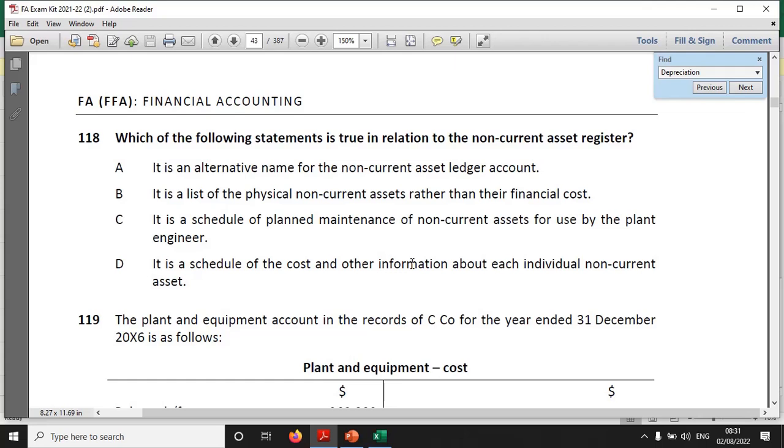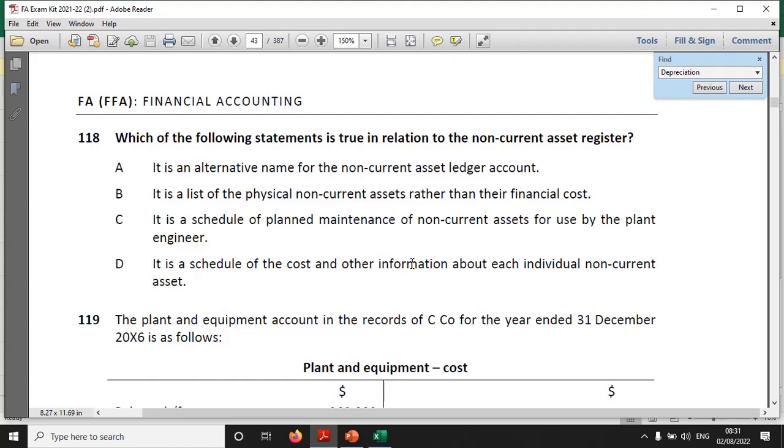A says it is an alternative name for the non-current asset ledger account. Is that true? That does not sound correct, right? B says it is a list of the physical non-current assets rather than their financial costs.